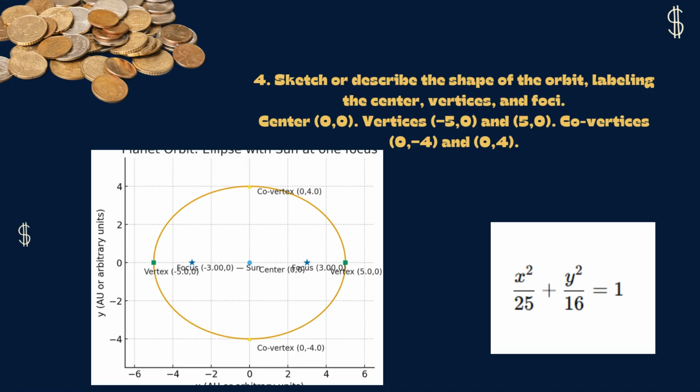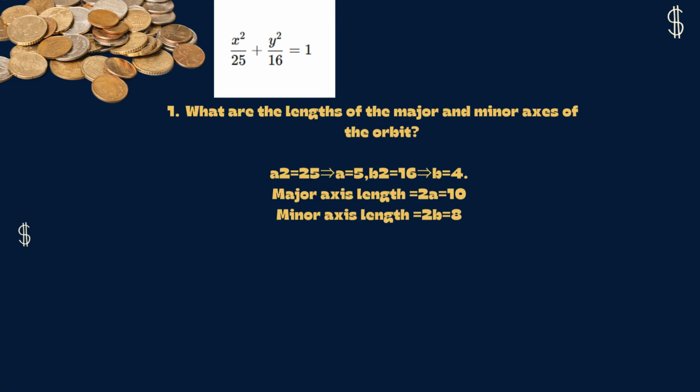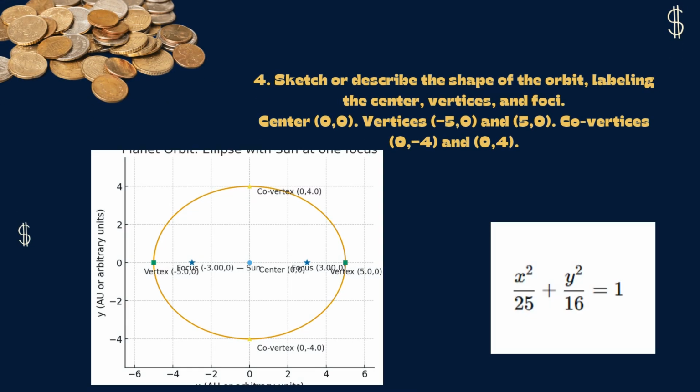For the co-vertices, 0 will be the first term, because it will be (0, b). And b in my past discussion is equal to 4. So it's (0, 4) and the opposite, (0, -4). So this is the graph. Since everything is in there, it becomes an oblong shape, meaning an ellipse.